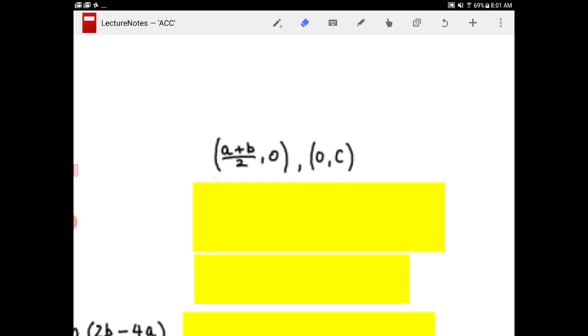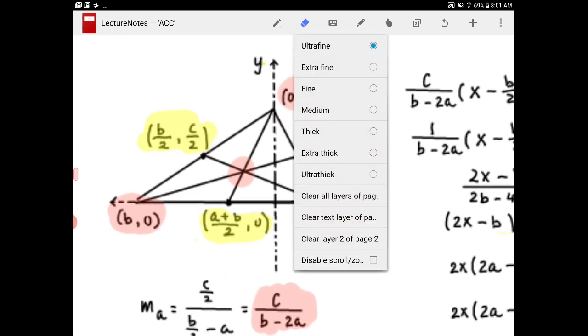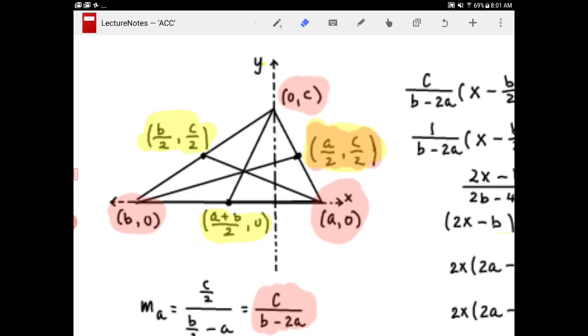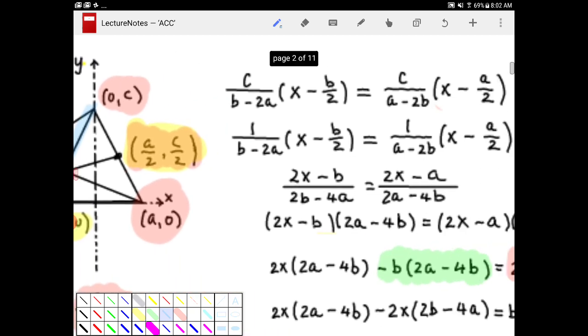So a plus b over 2, 0, and 0, c, remember where that was, okay? So this is the line right down the middle, this guy right here. So I'm going to verify whether or not the centroid is indeed 1/3 away from the base and 2/3 away from that vertex. So let's take a look.